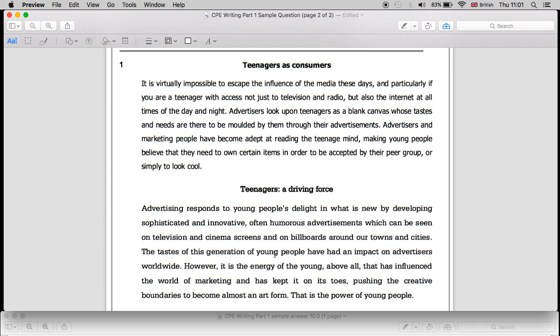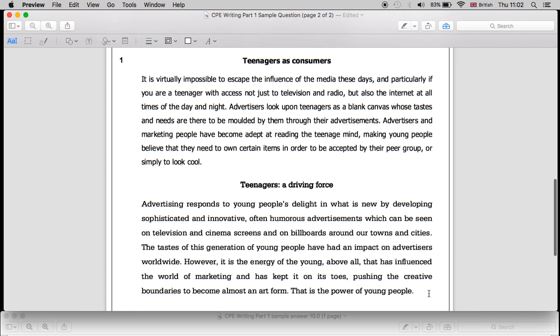So indeed, it's the young people and their own creativity and their ever-changing needs and interests that actually have an impact on the world of marketing and keep it on its toes, keep it alive, and keep driving it forward.